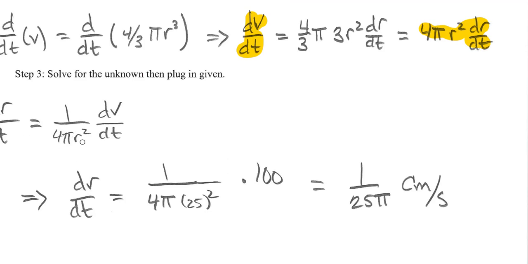We know what r is. That's 25. So I plugged in r equals 25. We know what dV/dt is when r is equal to 25, and that's 100. So that simplifies to 1 over 25 pi, and that's centimeters per second.